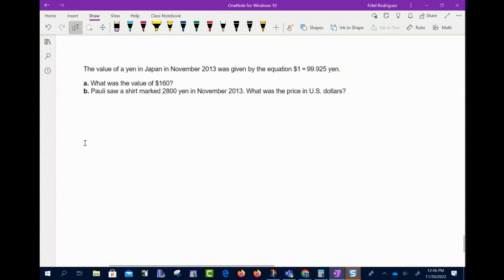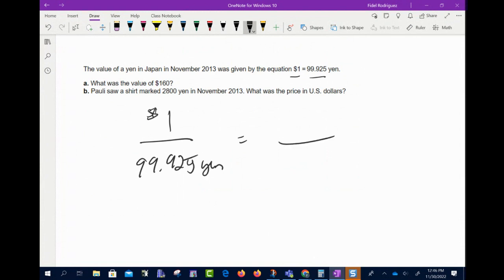It says the value of a yen was given by the equation $1 equals 99.925 yen. Okay, so look, y'all, $1 is 99.925 yen. We're trying to figure out the value of $160. So dollars went on the top here, dollars will go on the top here. This will be our yen.